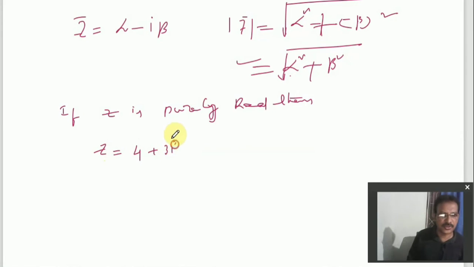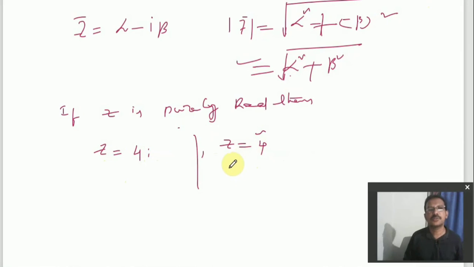Purely real means the imaginary part will be absent. Now you can take z is equal to 4. It is a purely real number; the imaginary part will be 0. So what about its z bar? Z bar will be same. Z bar is equal to 4 only.